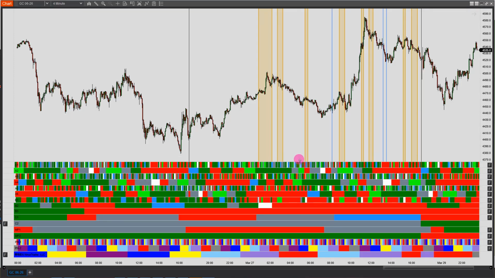A good example is right here where my cursor is, at about 5 a.m. Look at the top 4 rows where I have A1 white, A2 green, A3 green, A4 green. I have a stack there.